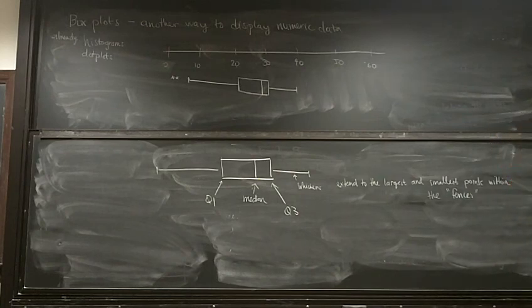Fences are kind of borderlines between what is considered normal and what are considered outliers.